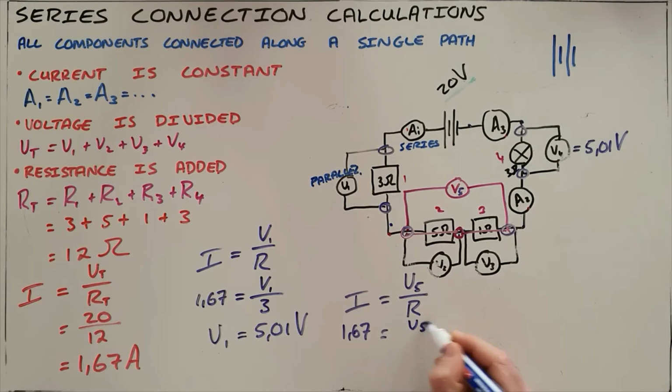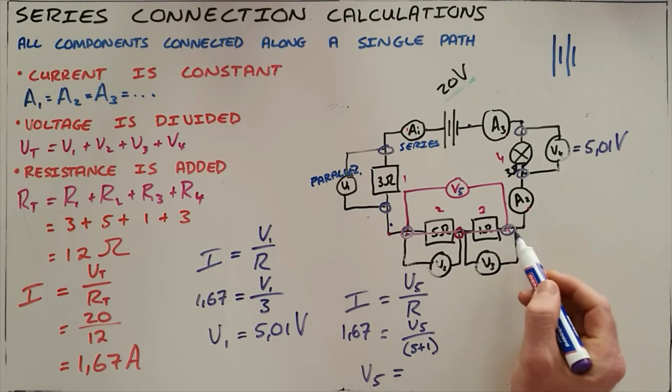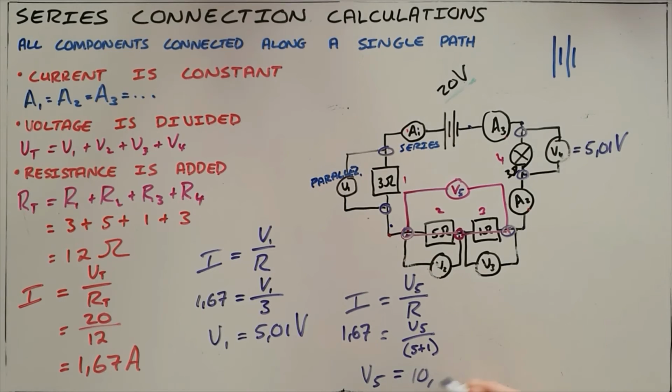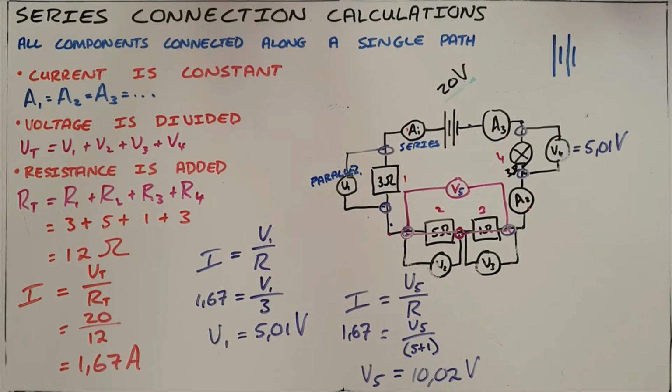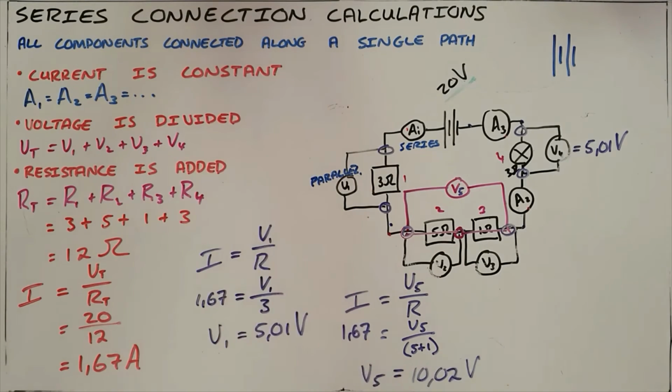Our voltage is the unknown and the resistance is the sum of 5 and 1, and we can then safely say that the voltage across those 2 resistors is 10.02 volts.